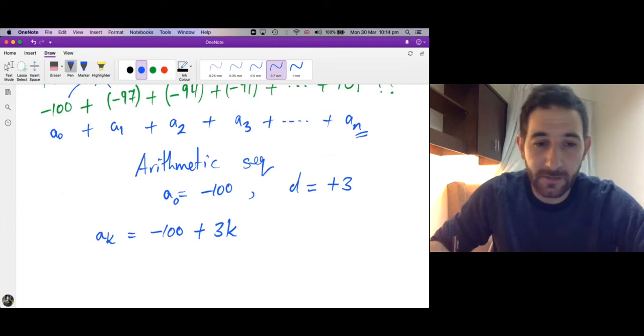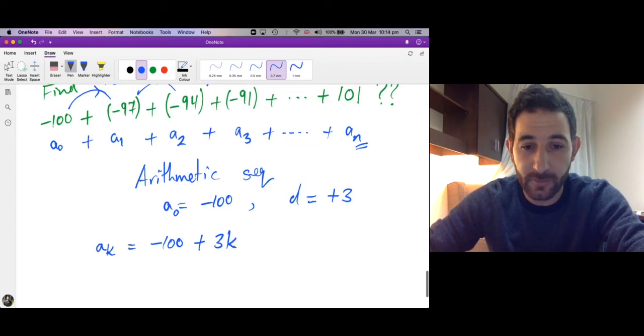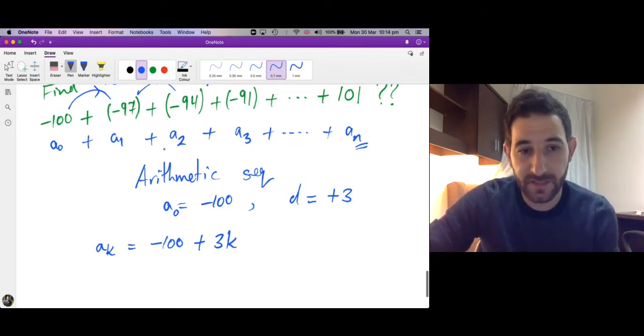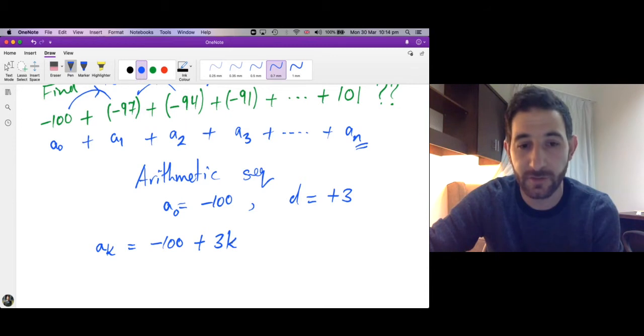So when k is 0, we get minus 100. When k is 1, then minus 100 plus 3 is minus 97, and when k is 2, we get a2, which is minus 94, minus 100 plus 6, and so on.